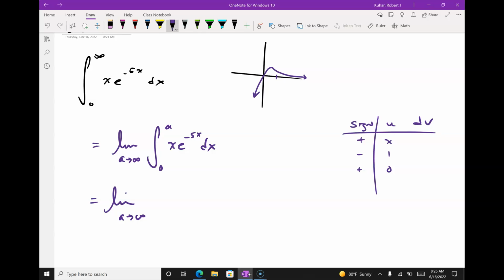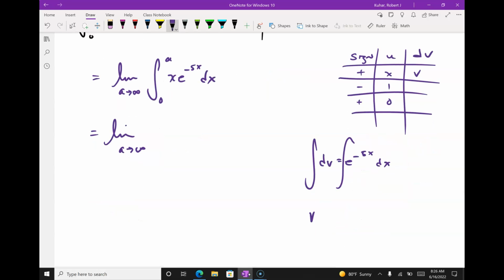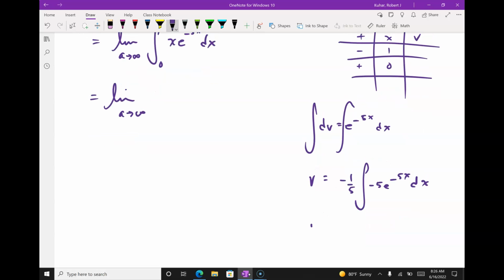So if I have dv equals e to the minus 5x dx, I know v is minus 1/5 times the integral of minus 5 e to the minus 5x dx. I did a u sub there. u is negative 5x, du is negative 5 dx. So I need to cancel the negative 5, and so I get v is minus 1/5 e to the u, which is still e to the minus 5x.